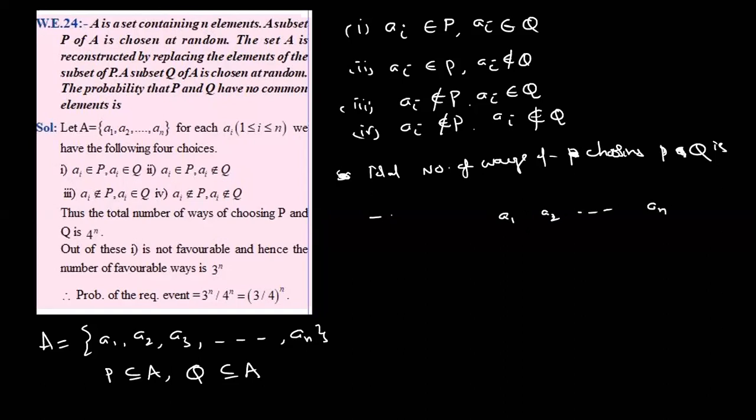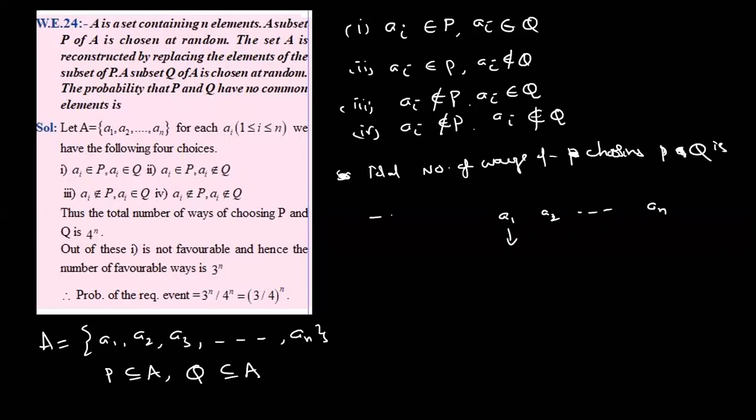So dear students, now anyone, what is the sample space? Total number of ways of choosing P and Q is dash. What is your answer? Tell me. Dear students, here see A1, A2 and so on An.